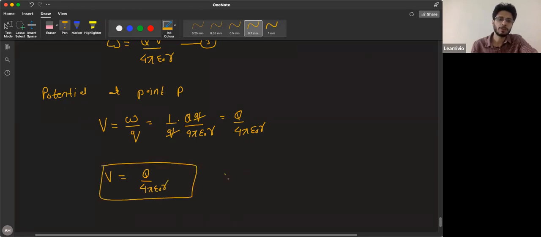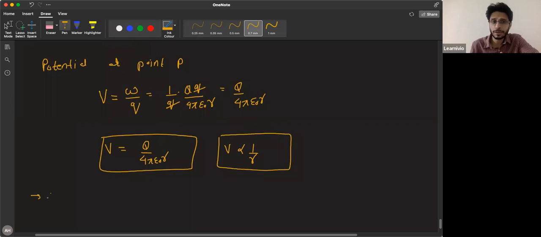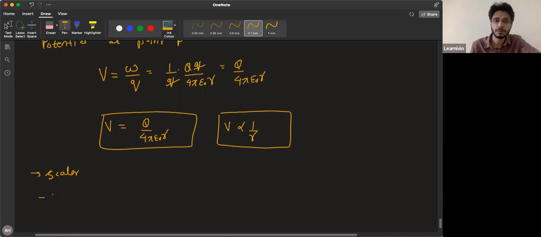So you can say that potential is inversely proportional to r. If you increase r, your V will decrease. One more thing, potential is a scalar quantity. So if you have a positive charge, then your potential will be positive. But if you have a negative charge, the potential will be negative.